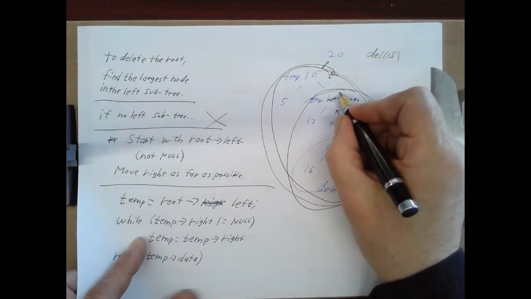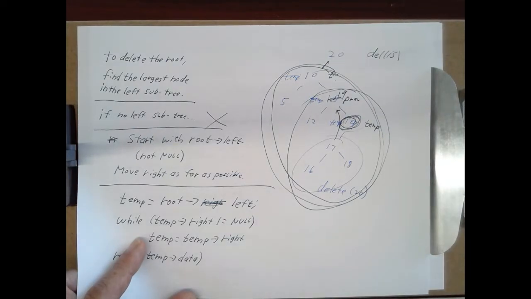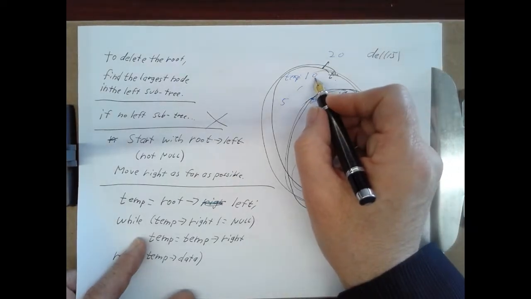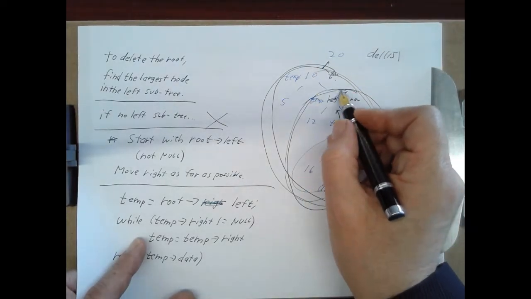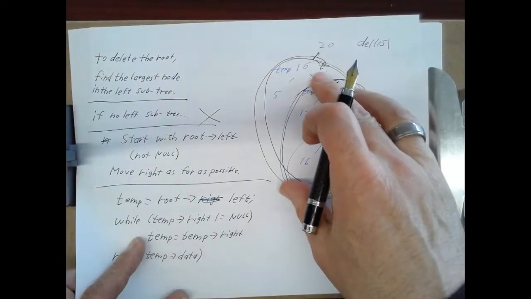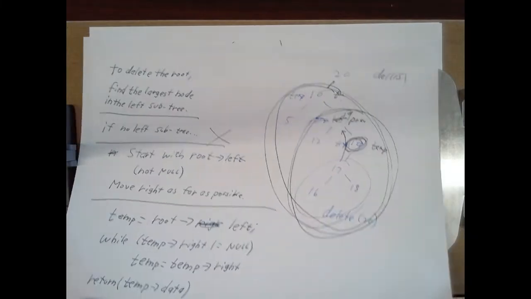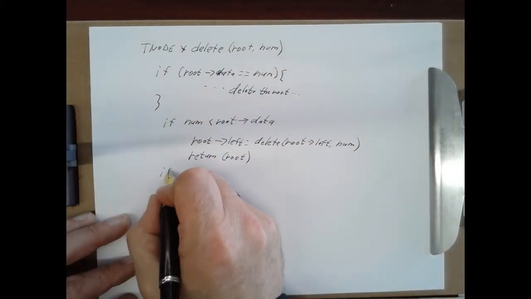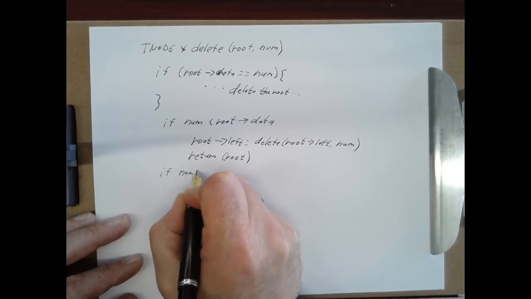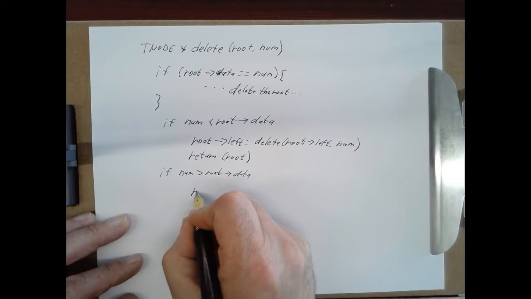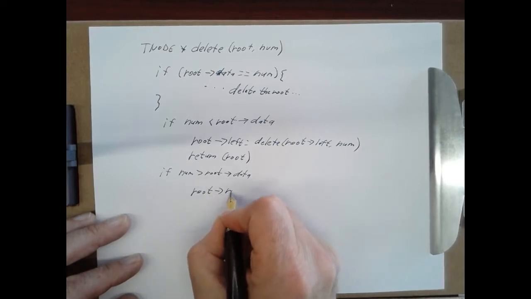That would put a 19 up here and do some other stuff. And then we would return this tree from that delete, and our previous call to delete will say this thing's right child should be that new tree. And so we move that up in place and we pop back up our recursion. So if number is bigger than root data, do the same thing on the right.